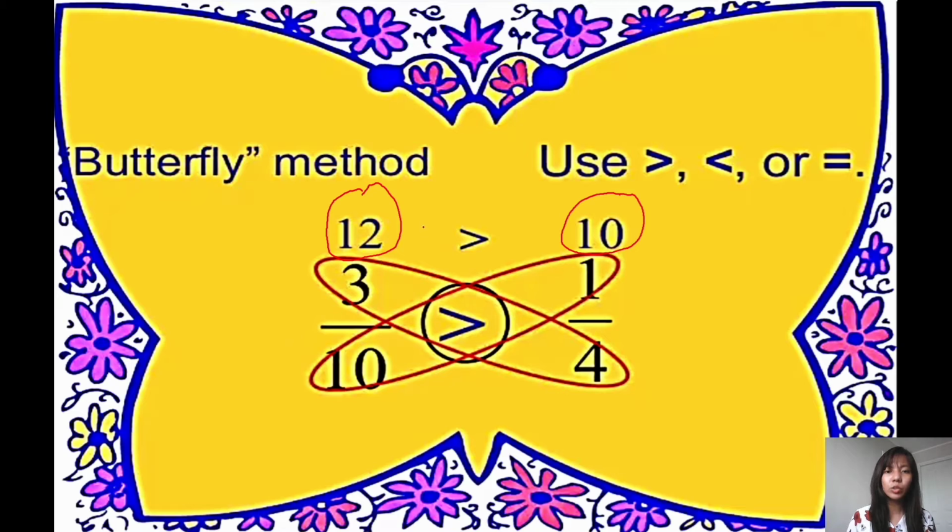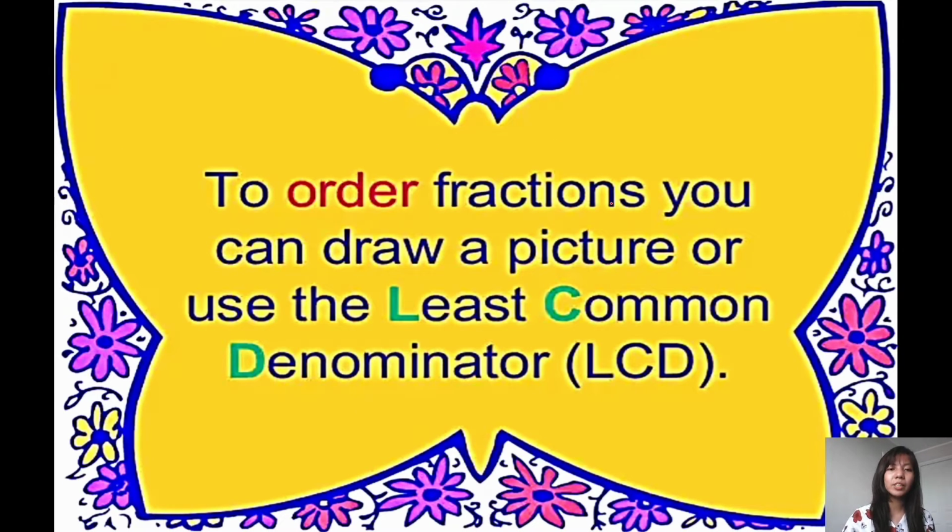Okay, so 12 is larger than 10, right? So it follows that 3/10 is larger than 1/4. Okay? So to order fractions, you can draw a picture or use the least common denominator.